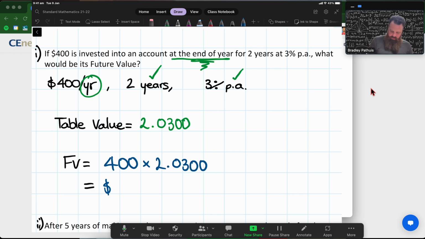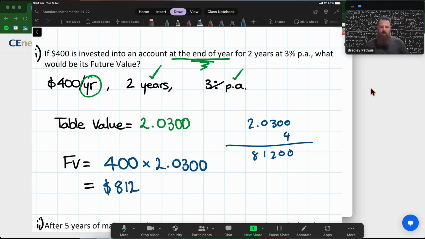So 2.0300 times 400 is $812. So our investment is going to grow to $812 after that 2 years.